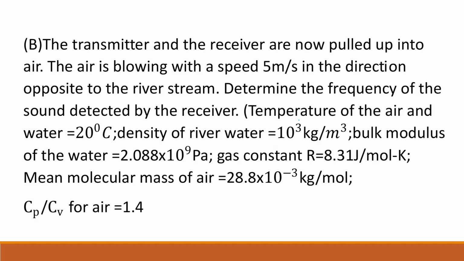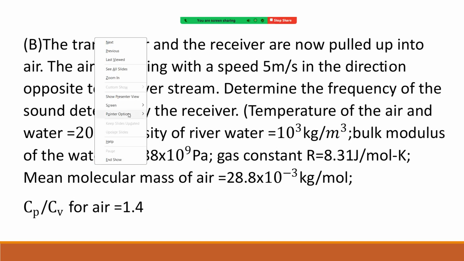The temperature of air and water is 20 degrees centigrade. Density is given, temperature is given, mean molecular mass is given, and R is also given. And you are given Cp by Cv also.